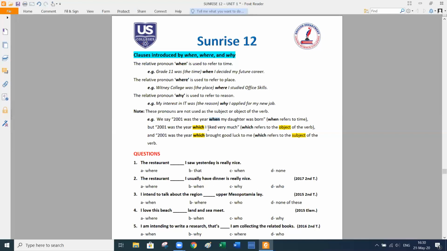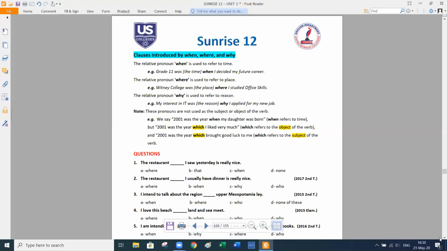So we don't use when to ask a question in the sentence. And we don't use the question word when in the third example as well. What brought good luck to me? You use what, or you can ask which year brought good luck to me. We don't use the question word when in these two examples.